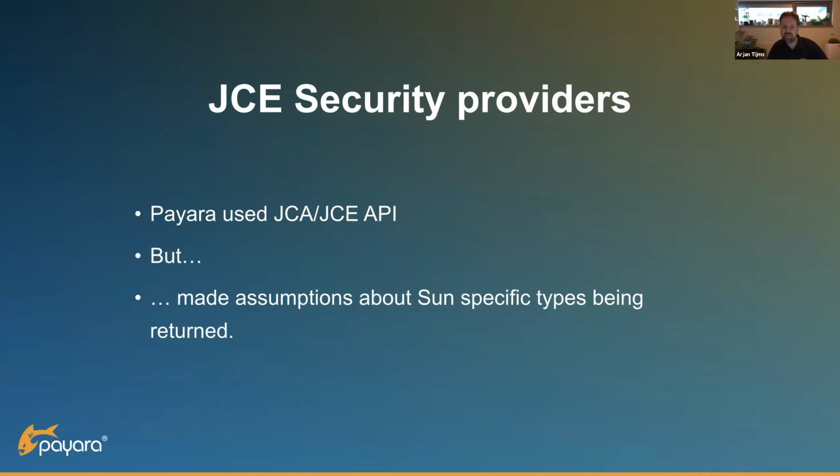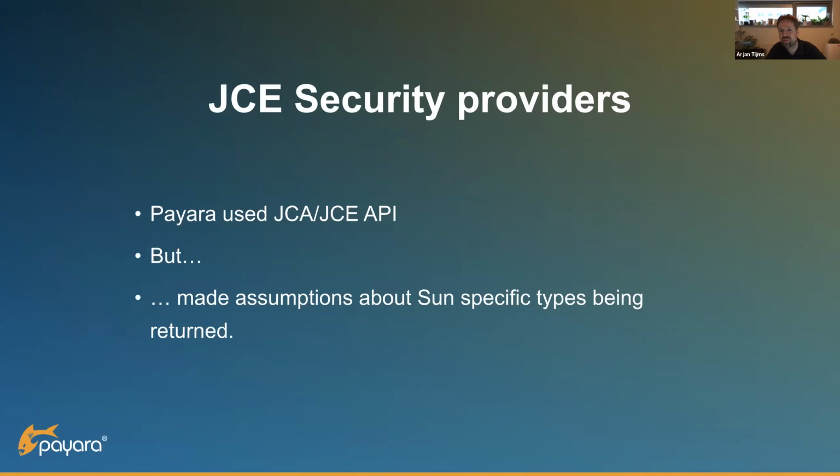So despite Payara using it in previous versions, and GlassFish before that, there were a couple of assumptions being made about some specific types. The providers return types, but they would be cast to the Sun specific ones. That works as long as you run it on the Sun JDK with the default providers.